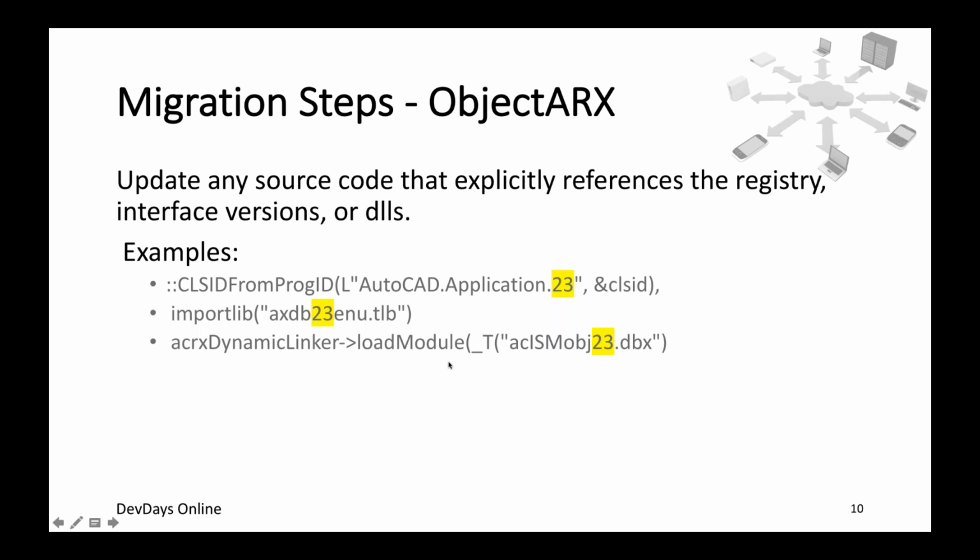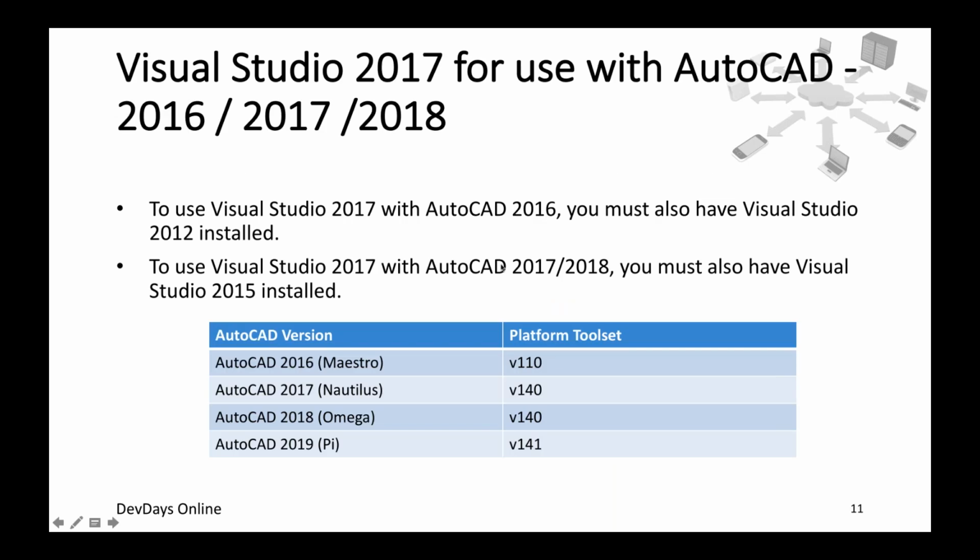And I know that a lot of you like to use the same machine for compiling applications for multiple versions of AutoCAD. So you can use Visual Studio 2017 to compile applications for previous versions of AutoCAD, but only if you also have the older versions of Visual Studio installed, because that's the only way that you can install the platform toolsets to target the correct version of AutoCAD.